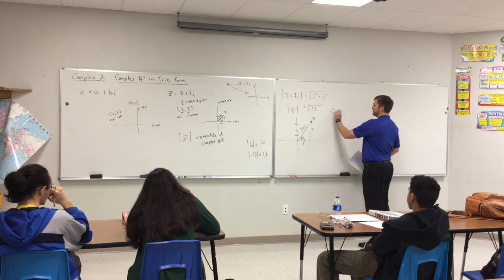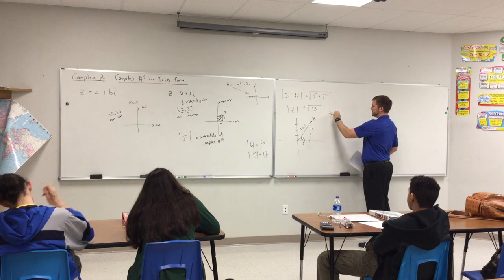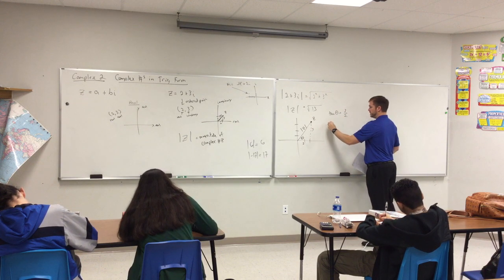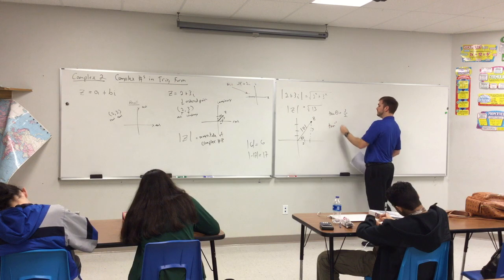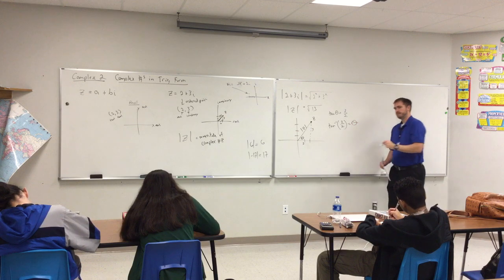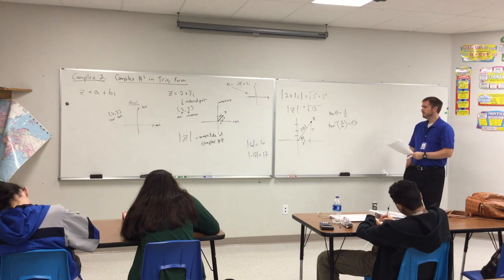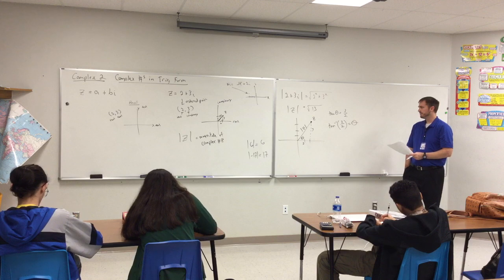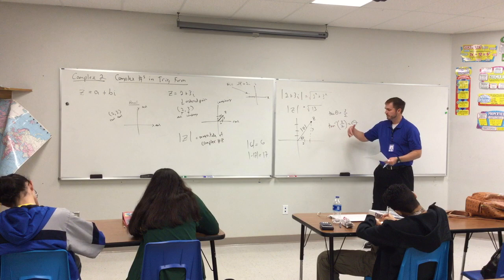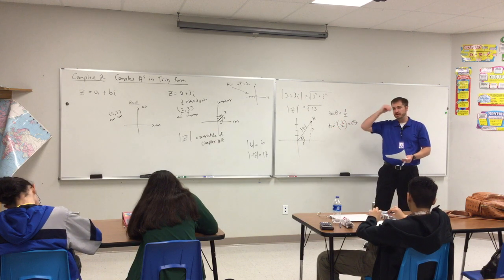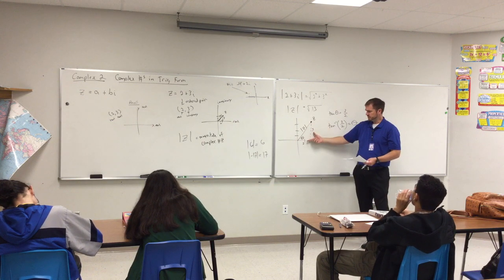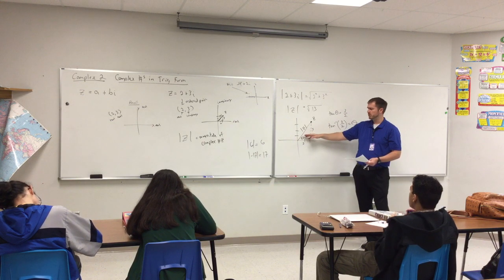We could say tangent of theta would be 3 over 2, and so therefore arctangent or inverse tangent of 3 over 2 is going to give us theta. And we've done this so many times. We did this with polar coordinates, right? When we had the x component and the y component of a rectangular point, we were going to convert it into r and theta.